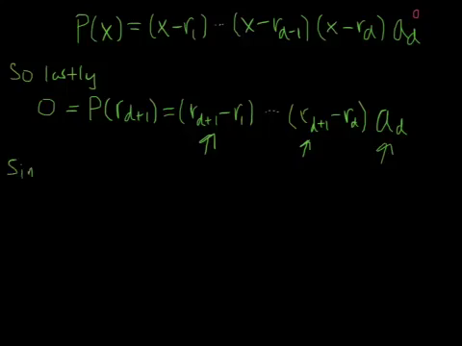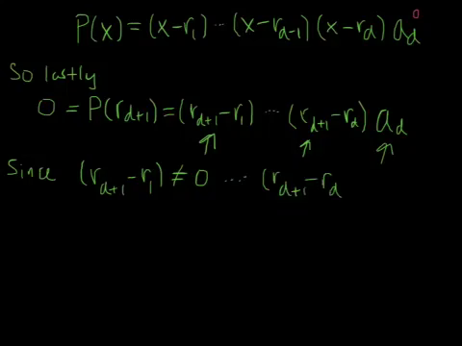So let's think about what we know. Since r sub d plus 1 minus r sub 1, can that equal 0? No, it can't. They're different numbers. And we're going to write all the way through that. We could do that for every single factor all the way until d plus 1 minus r sub d, which can't equal 0.